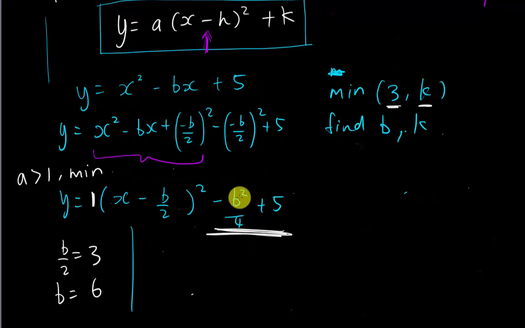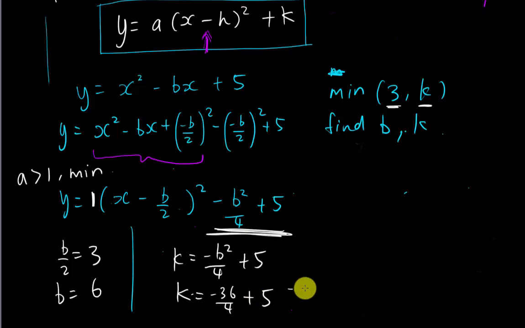Even if you see an unknown here, it's still the constant value. So I will say k equals negative b squared over 4 plus 5. I just got my b. b is 6, so it will be negative 6 squared, which is minus 36, over 4 plus 5. Which is negative 9 plus 5, which is negative 4. So the value of k equals negative 4.